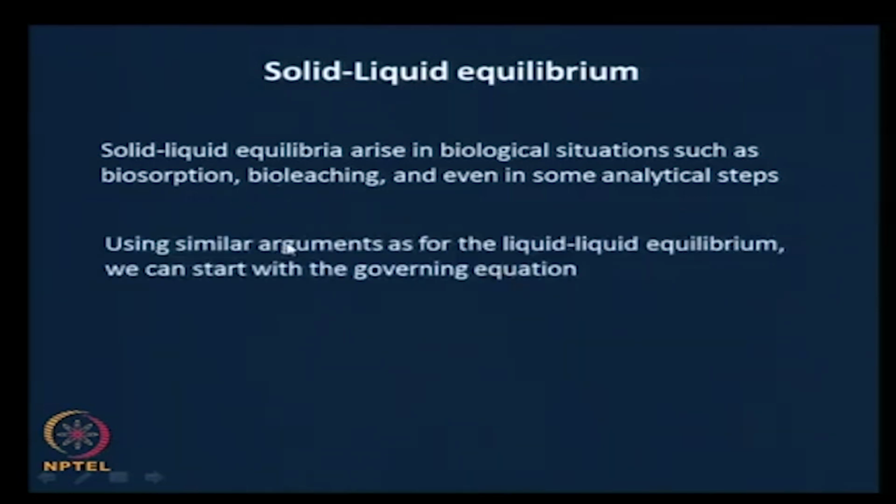We know that equations 5.1 to 5.5 are valid, and therefore, using similar arguments as for the liquid-liquid equilibrium, we can start with the governing equation that mu I in the solid phase must equal mu I in the liquid phase, equation 542.